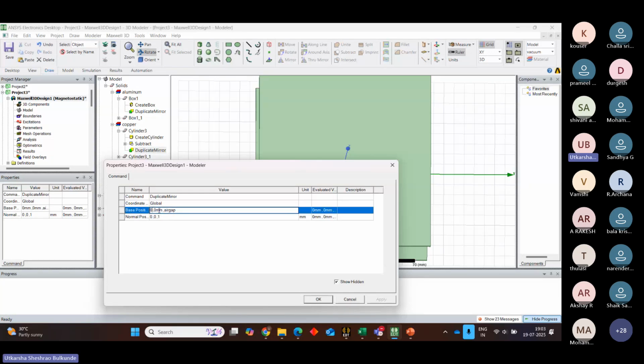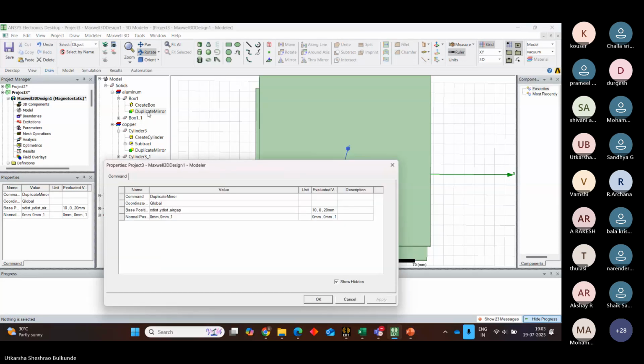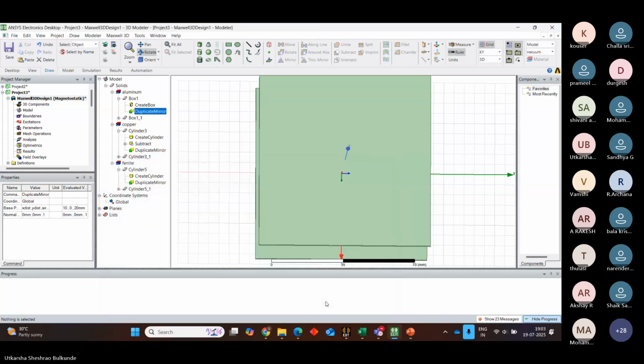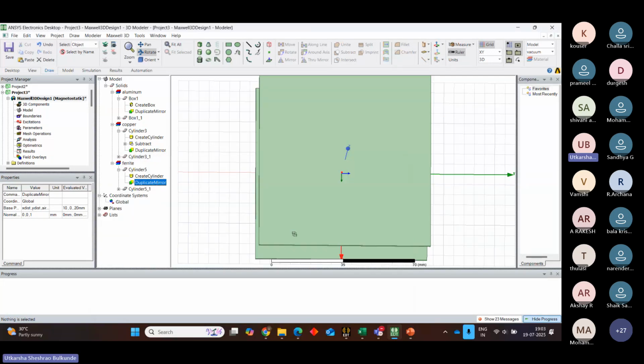I've changed this, right? By distance. Okay. So here, can you see it has displaced in the X direction by 10 mm.